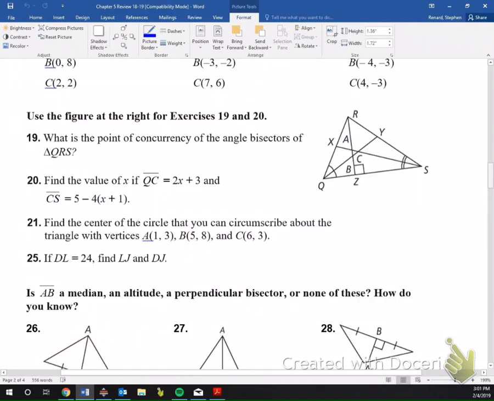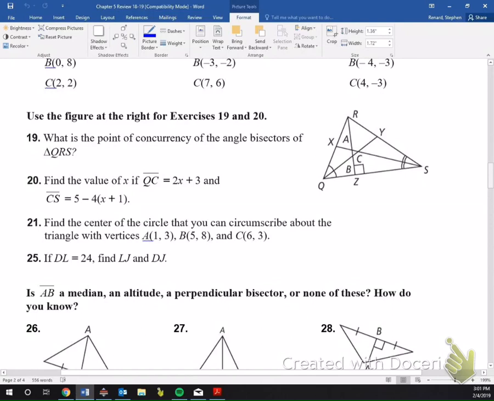So looking at number 20, find the value of x if QC is 2x plus 3 and CS is 5 minus 4 times x plus 1. This doesn't make sense. So if you get stuck on number 20, don't do it.